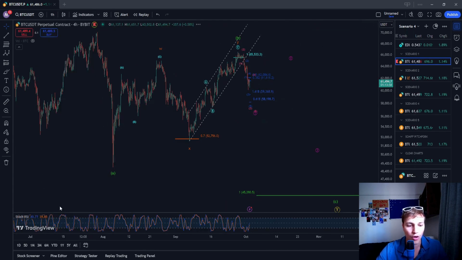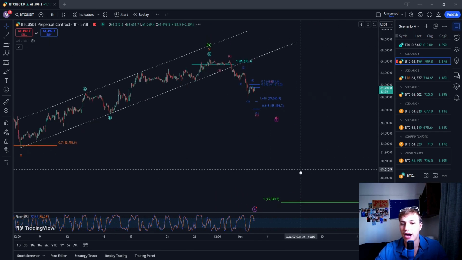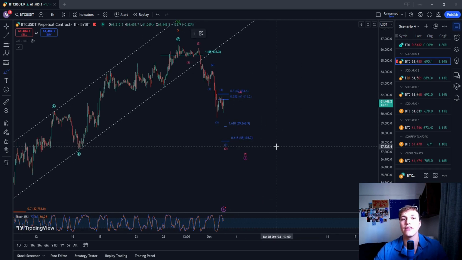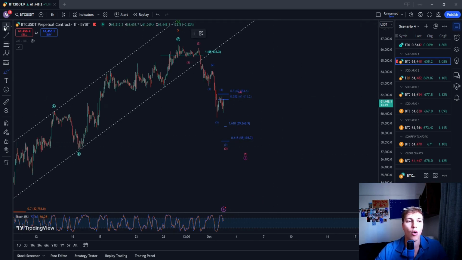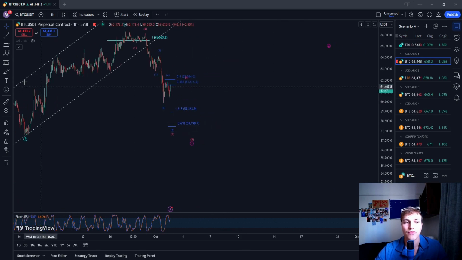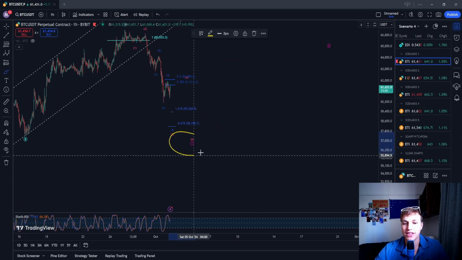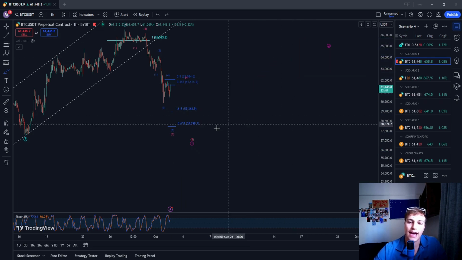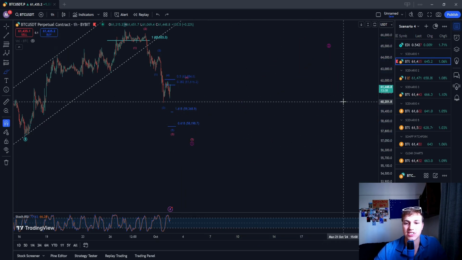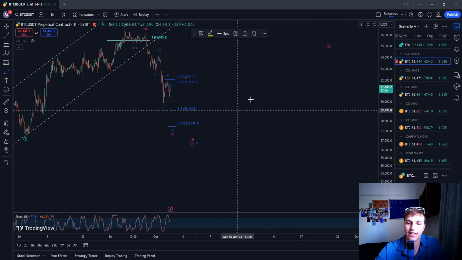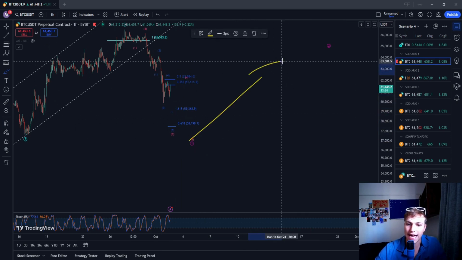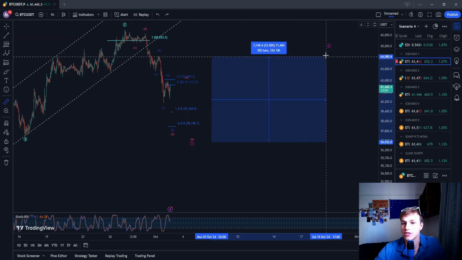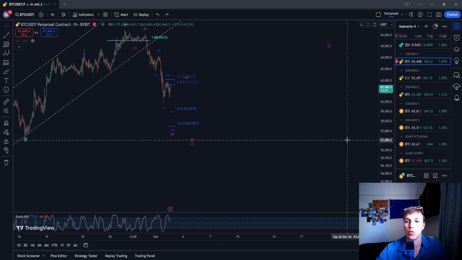Then on the hourly time frame, the move I would target is this move to the upside. The hourly and the 15-minute time frame are all the same. So this move from the low of wave 5, I would target that wave 2 move here in that A, B, C. This will be quite a nice area to long from, as that wave 2 would end up being a good target for about a 12% move towards the upside.